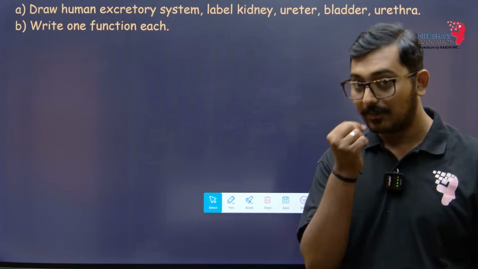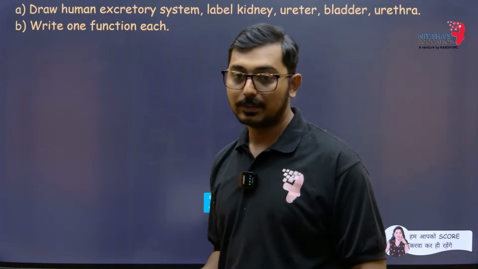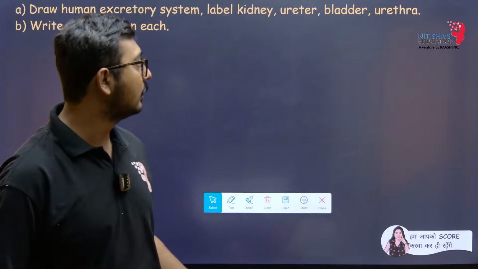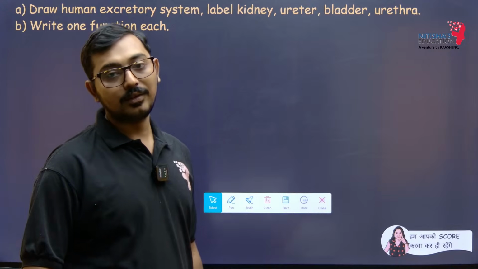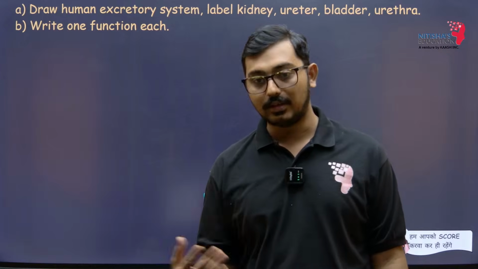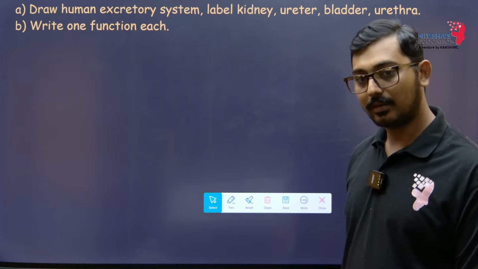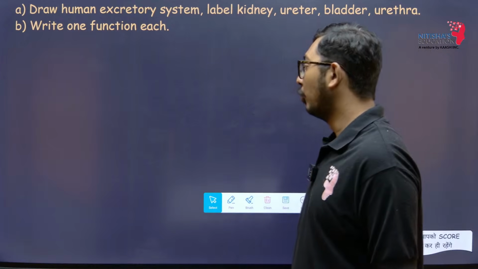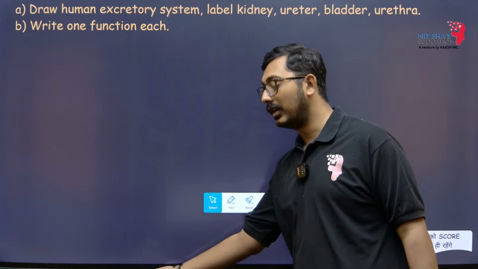The bladder is the place where that liquid is held. Urine is held and present in the bladder. And then the urethra, from the bladder to the outer part, is responsible for excretion. It's a tube through which urine is extracted.